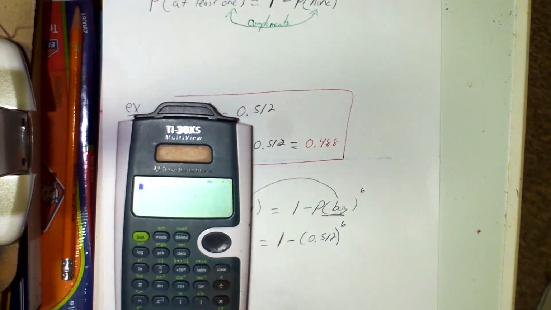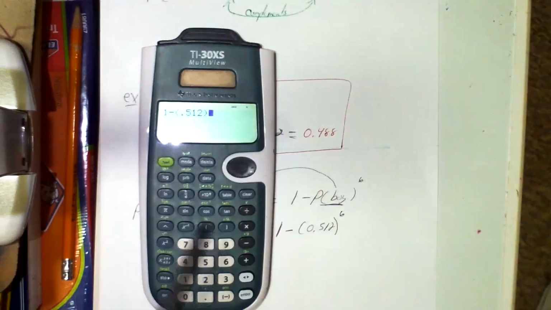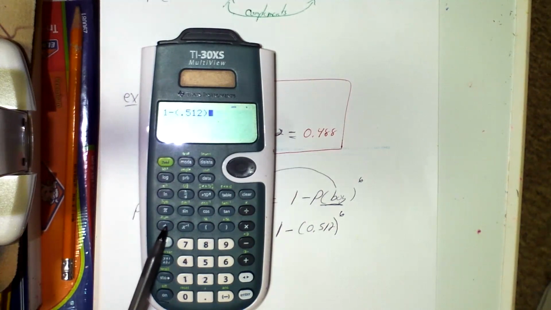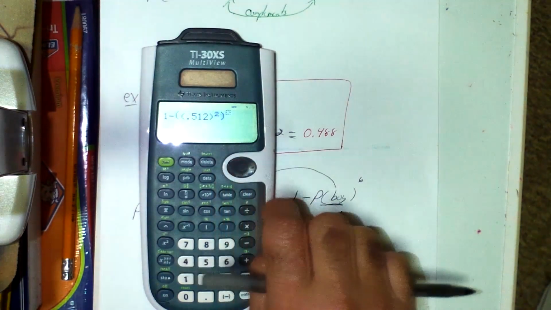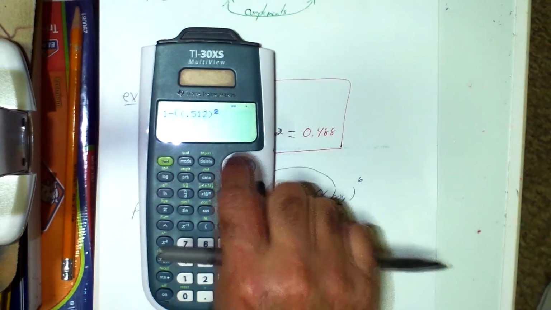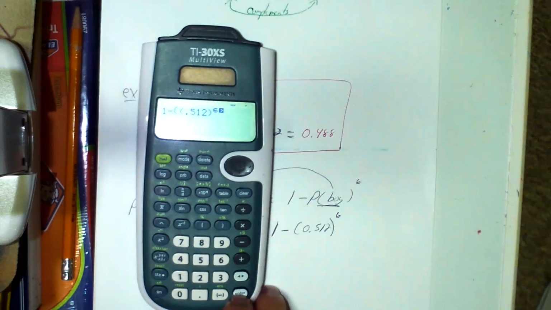So we're going to do 1 minus parenthesis 0.512, close it, and then raise it to a power. The key for the power is this little hat button, which represents the power. You press it. Oops, it's supposed to be 6.